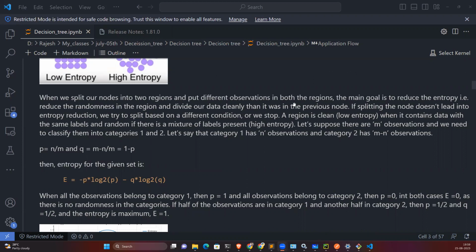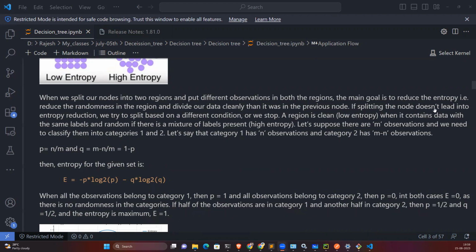So when we split our node into two regions and put different observations in both the regions, the main goal is to reduce the entropy. Means if you are reducing the entropy, you are reducing the randomness in the region and dividing our data more clearly than it was in the previous node.